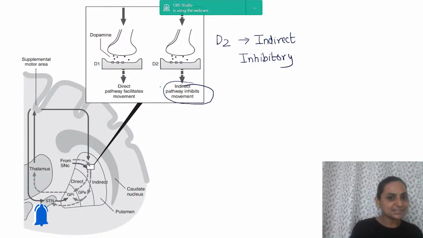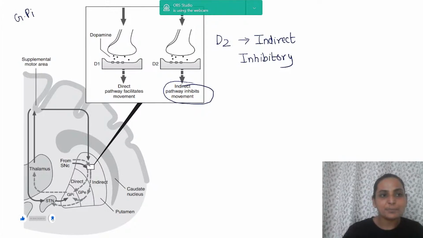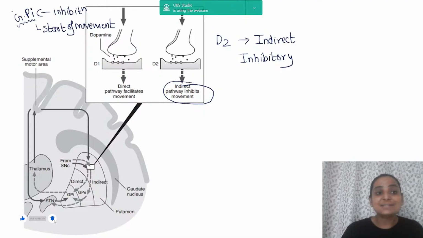Now for this pathway, you should understand that there is the need of another nucleus, because what did we do? We directly inhibited the globus pallidus internal segment, and because of this we could bring about the start of movement. Now if I want the movement to stop, I have to change the discharge from the globus pallidus internal segment.